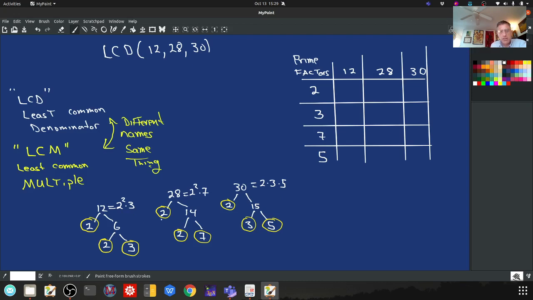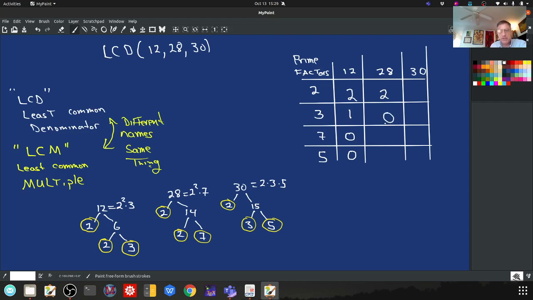information. So let's go down with 12. How many 2's does 12 have? It has 2. How many 3's does 12 have? Just 1. It has 0 factors of 7 and 0 factors of 5. How many factors of 2 does 28 have? It has 2 of them. How many factors of 3 does 28 have? 0.